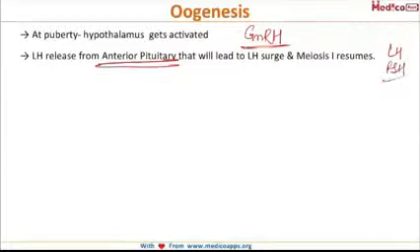About FSH we will talk later on. Now this LH, once it is released from the anterior pituitary, starts to rise and ultimately there is LH surge, and this LH surge stimulates the meiosis I to resume and complete.